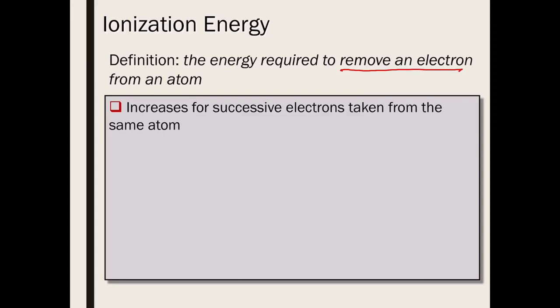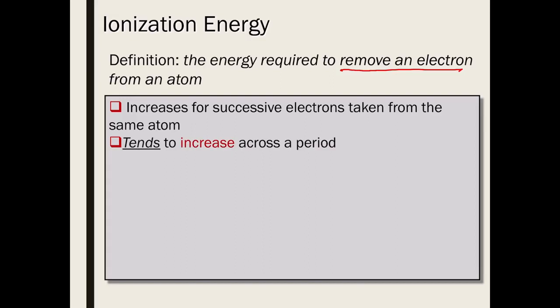The reason for this, and this is kind of what I was talking about with respect to magnesium earlier: if we pull off 1 electron, then the other electrons are not being repelled by that electron we pulled off. And as you pull off more and more electrons, the remaining electrons are able to be more attracted to the nucleus.